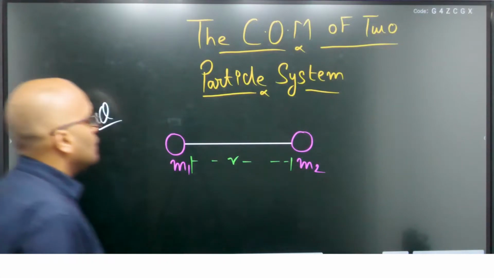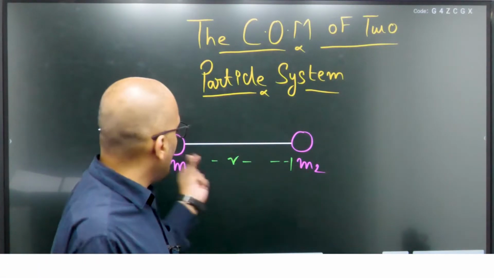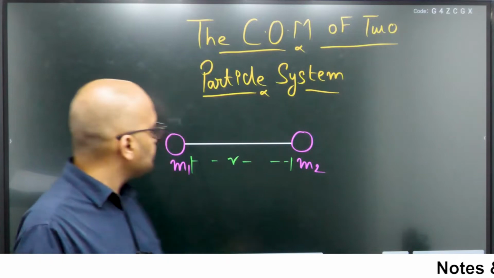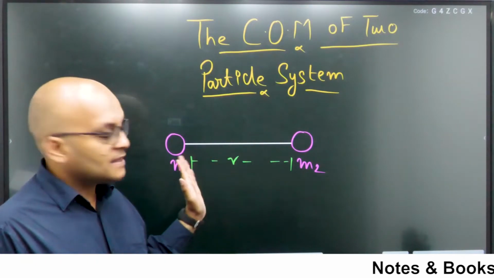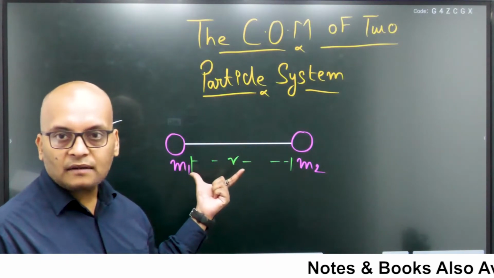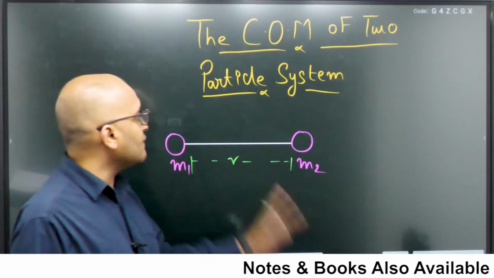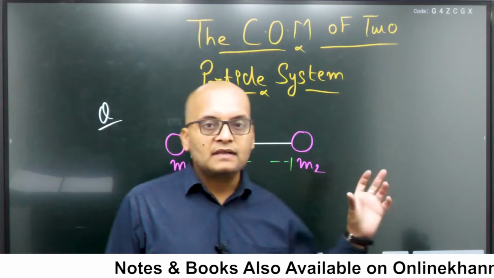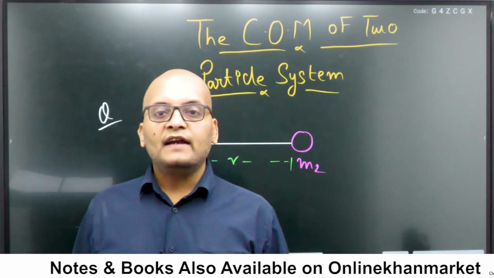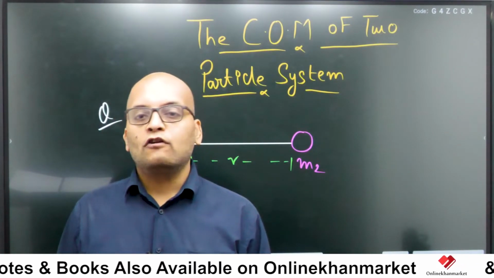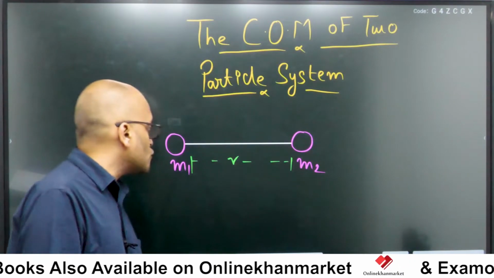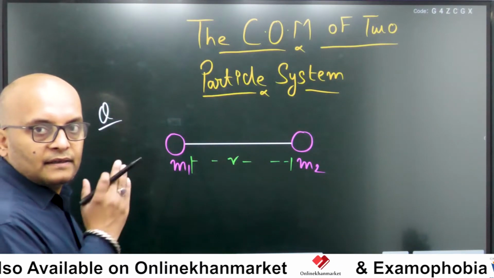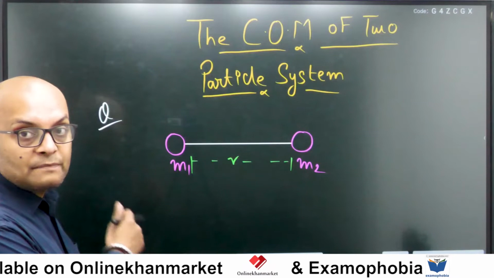Now see, we are provided with two masses m1 and m2. As you can see, they are separated by a distance of r, right? And we are required to calculate the center of mass of this system. So what to do? Again, the implementation of the concept which we have learned.